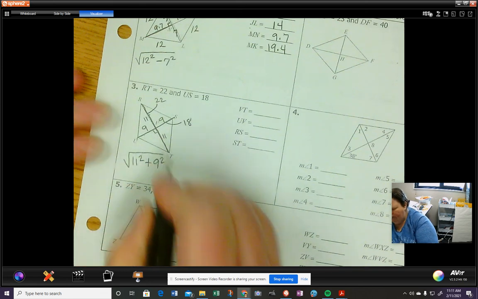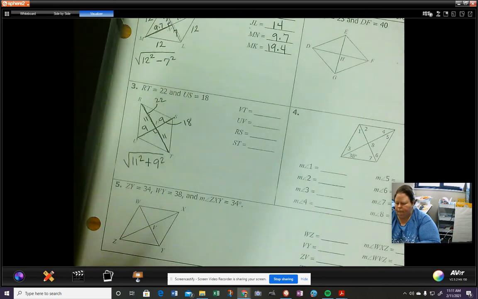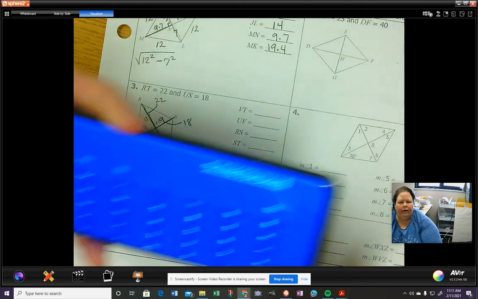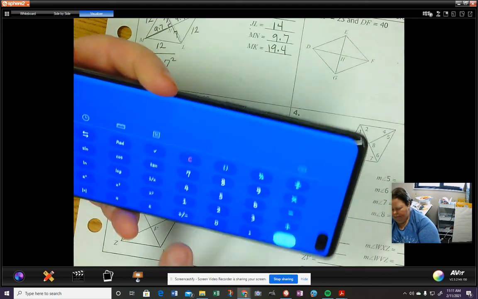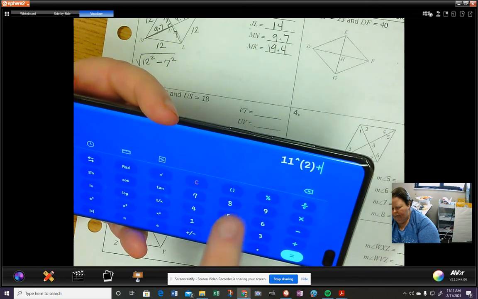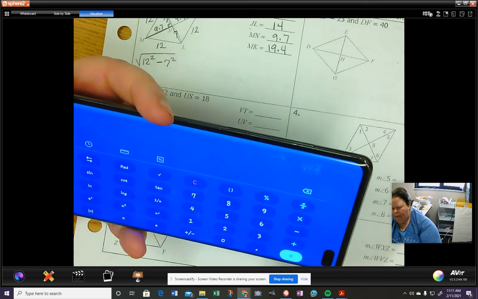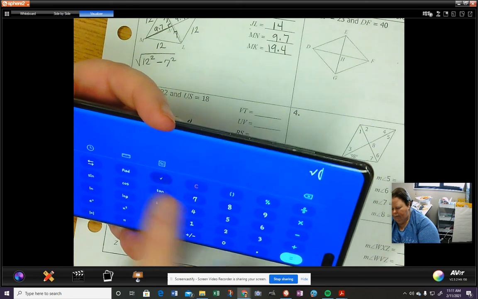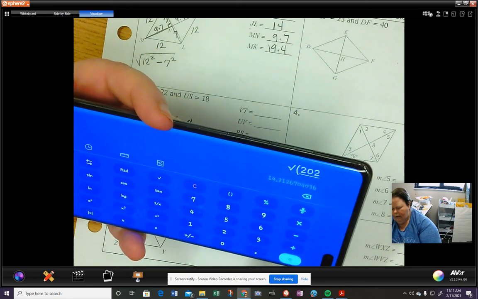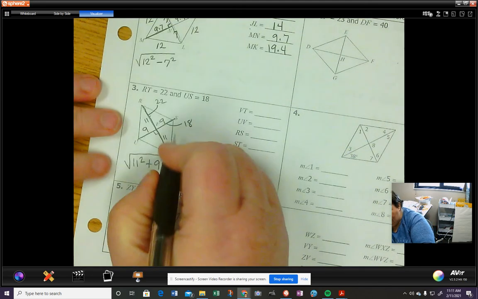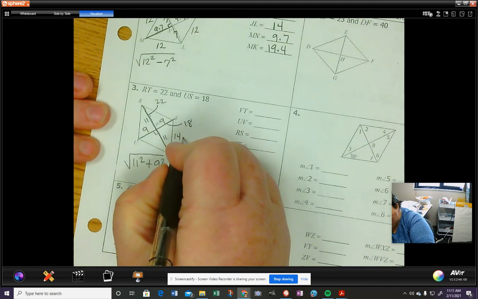Take the square root. So I'm just using my regular old calculator on my phone. So 11 squared plus 9 squared is 202. Square root 202. Get 14.2. So the sides are 14.2.